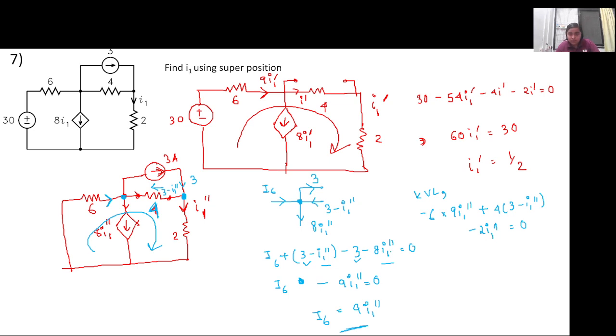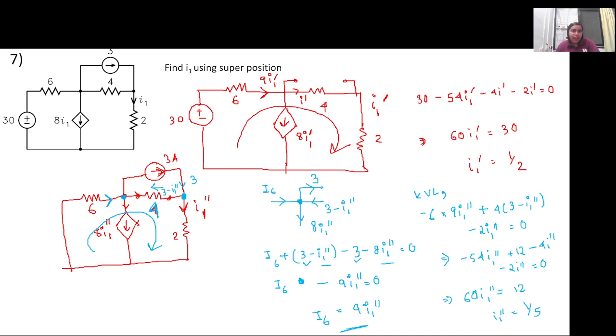So now we'll just solve for I1. Minus 54 I1 double dash plus 12 minus 4 I1 double dash minus 2 I1 double dash will be equal to 0. So 60 I1 double dash will be equal to 12. So I1 double dash will be equal to 1 by 5.